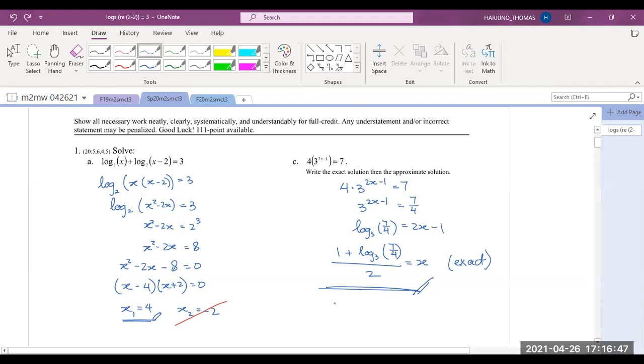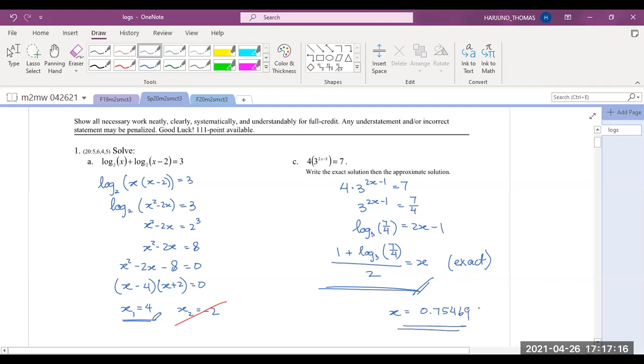Now, I will use my calculator to compute this. Log of 7 over 4, close parenthesis, divided by log 3. And then plus 1 divided by 2. That's x equals to 0.75469.